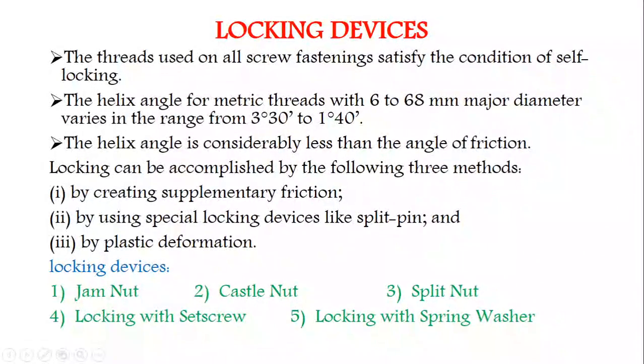The helix angle is considerably less than the angle of friction. In addition, there is friction at the bearing surface of the nut and the head of the bolt. Therefore, loosening of the threads between the bolt and the nut should not occur under normal working conditions.